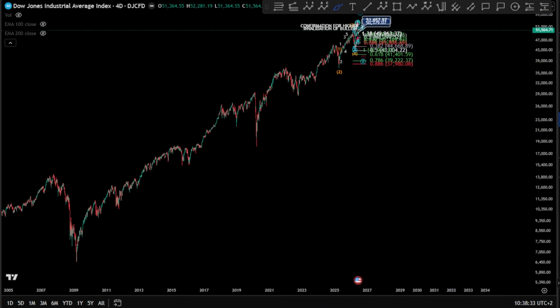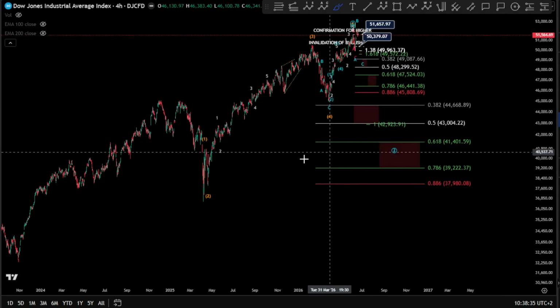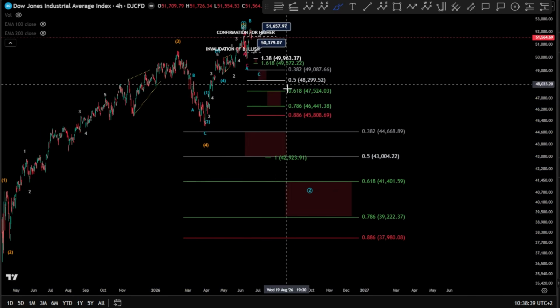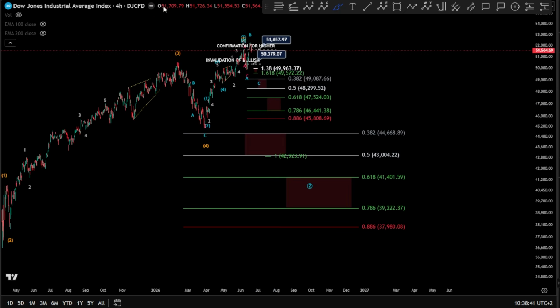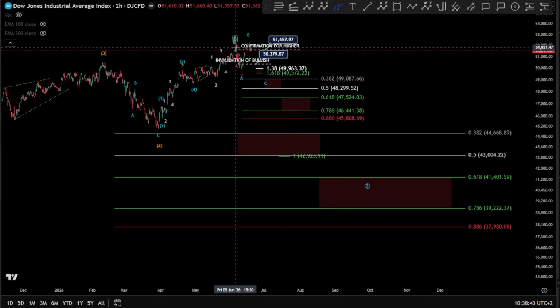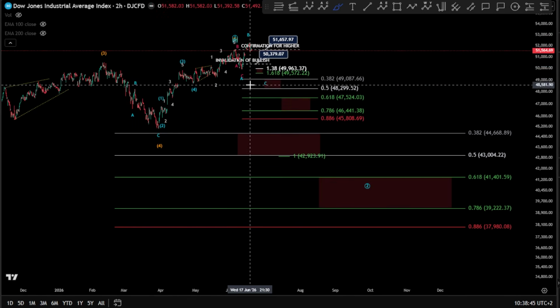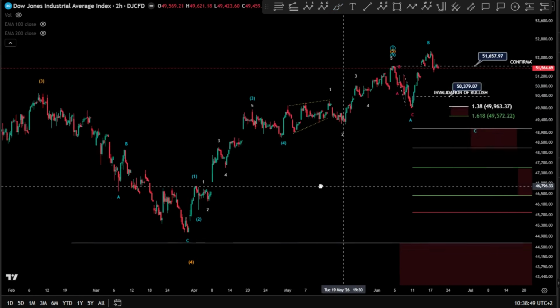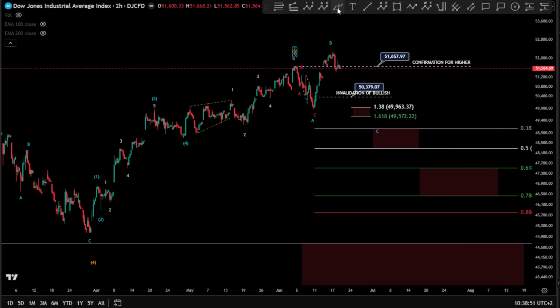Now, on the lower time frame, on the 4 hours chart, we have, of course, this 1, 2, 3, 4, 5 impulse finished as expected. And we saw, of course, something pushing for lower, but again, taking a new high again for Dow Jones. But it's not confirmed totally as bullish here.